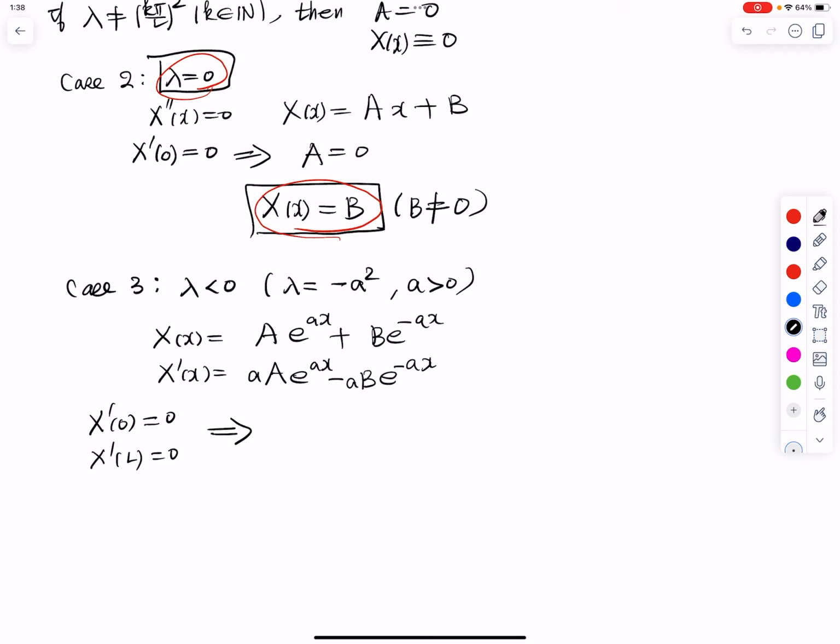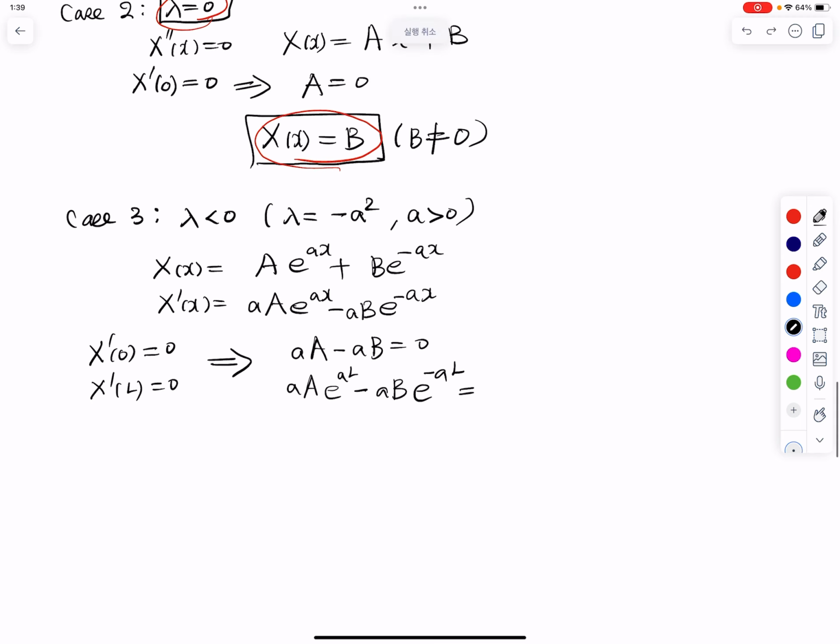That implies a minus b equals 0, then a e to the aL minus b e to the minus aL should be 0. Since a is non-zero, it's easy to solve, and you get a and b both 0. So x(x) equals constant 0.